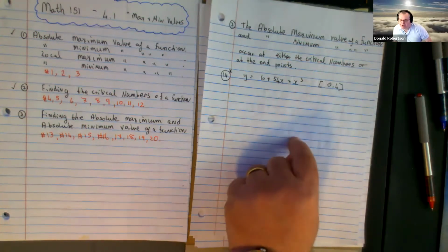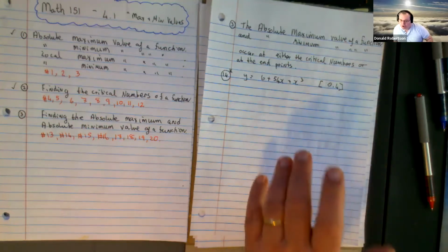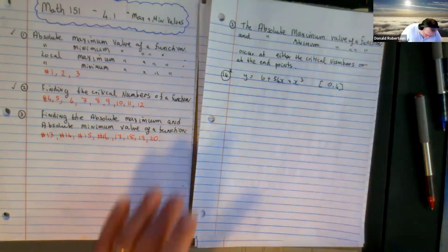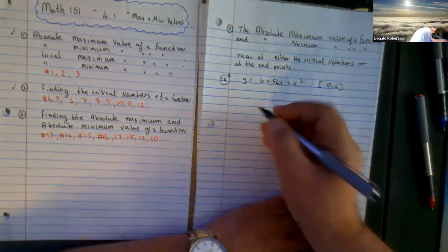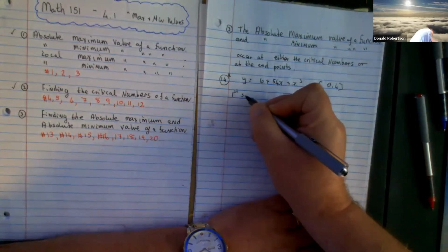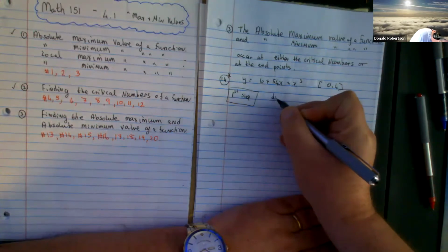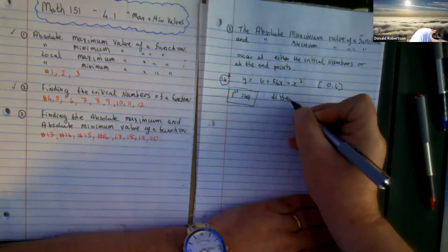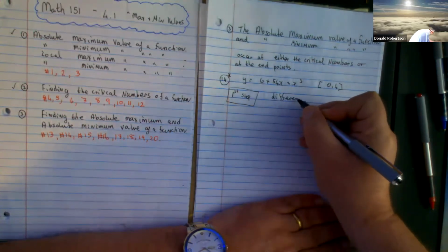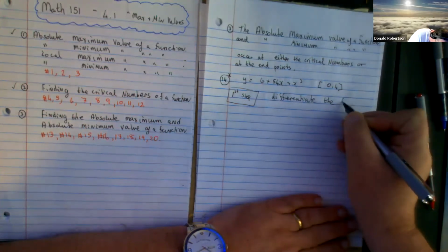So you can imagine it's a quadratic, starts down here, maybe finishes up there. Where do we go looking? Well, the first step, step 1, you differentiate the function.